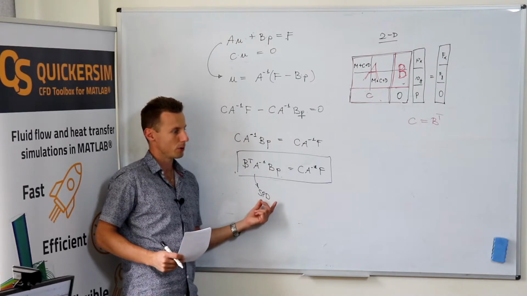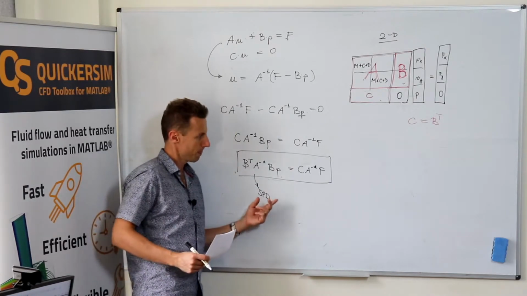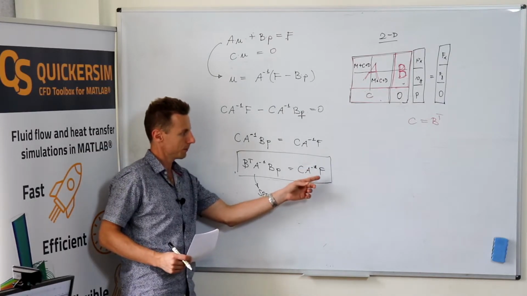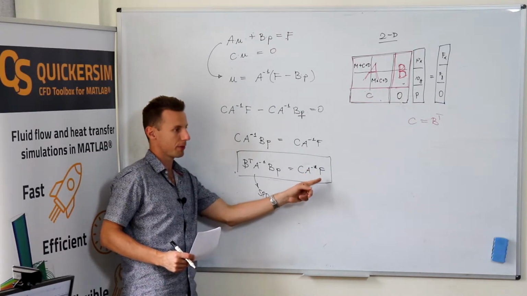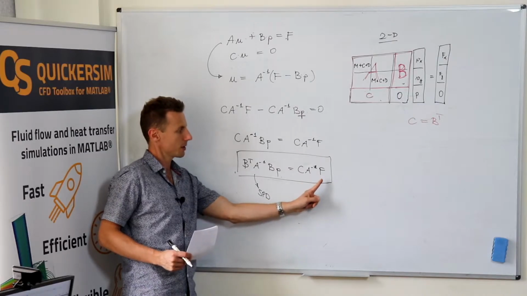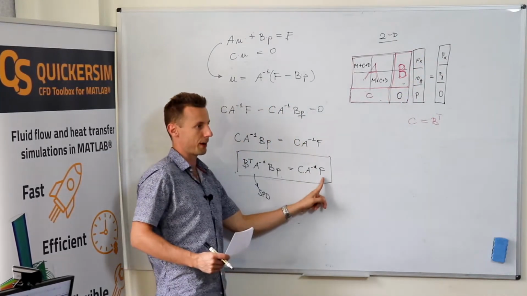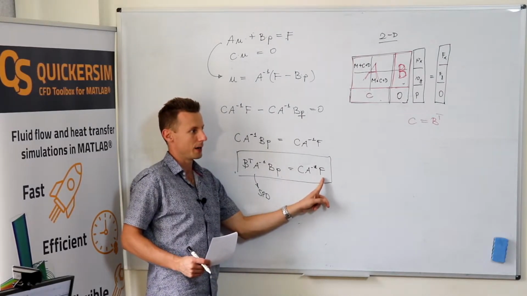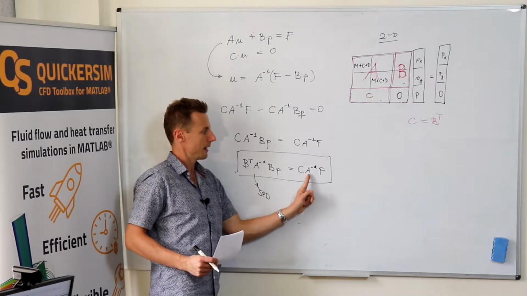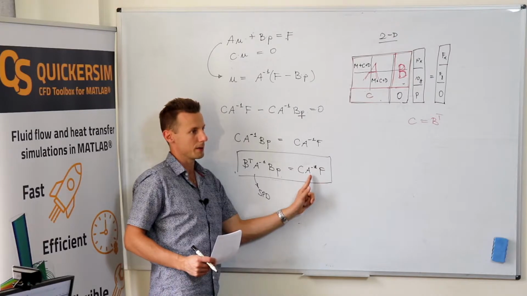Now, let's try to imagine how the solution process would look. Well, we need to generate the right-hand side. So let's assume we know the source terms. That's good, we've got the vector. And the inverse of A, what does it mean?